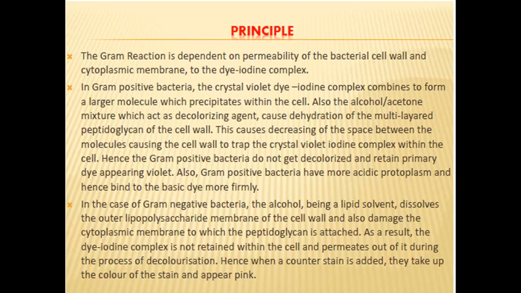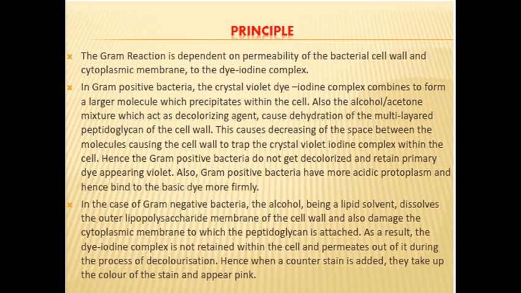And what happens when we perform these methods? There are three stains. The first one is the primary stain, crystal violet, then iodine acts as a mordant, and safranin acts as a secondary stain.